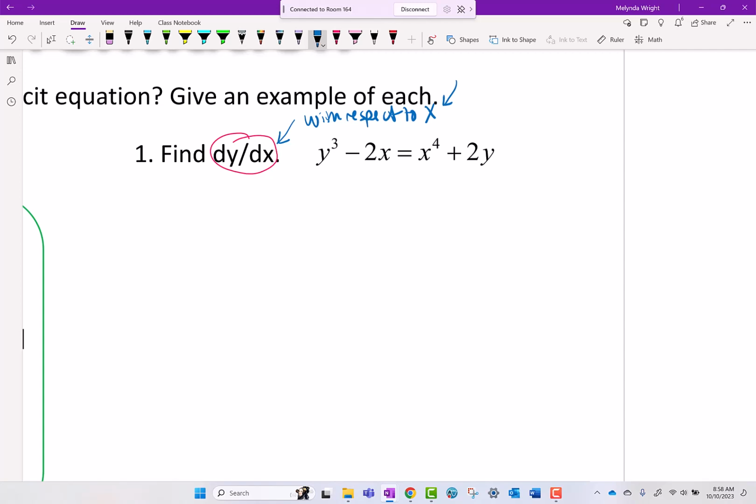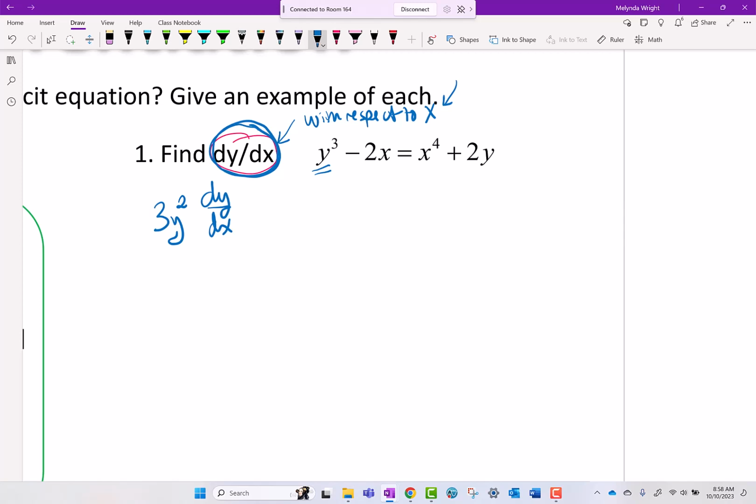We have to tag it with this dy dx, because that's the one variable we're supposed to be taking the derivative of. As we look at the first one, we see it's a y. So that's not the derivative that we want. We want x, but still we have to take the derivative of it. So the derivative of y cubed is 3y squared. And since it's not our preferred variable, we have to say dy dx.